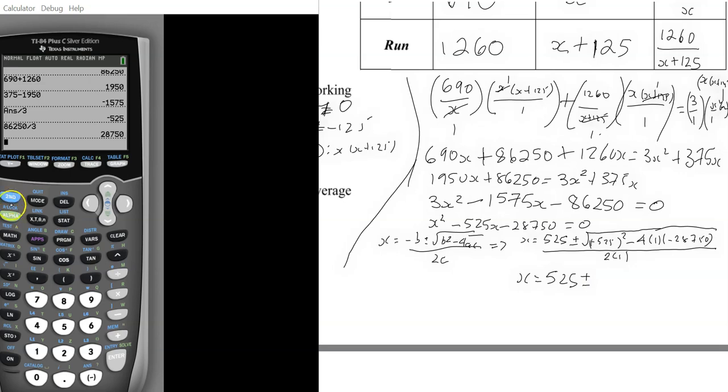Okay, let's go work this out. So the square root of, now, I'm squaring negative 525, but that's just 525. I can just square 525. That's not a square.